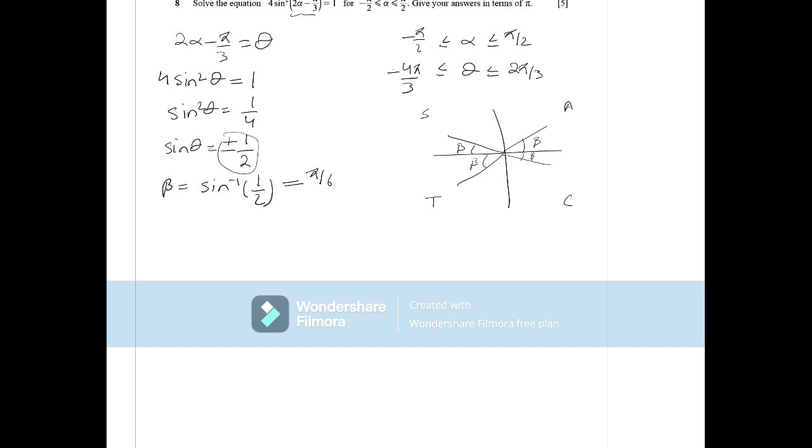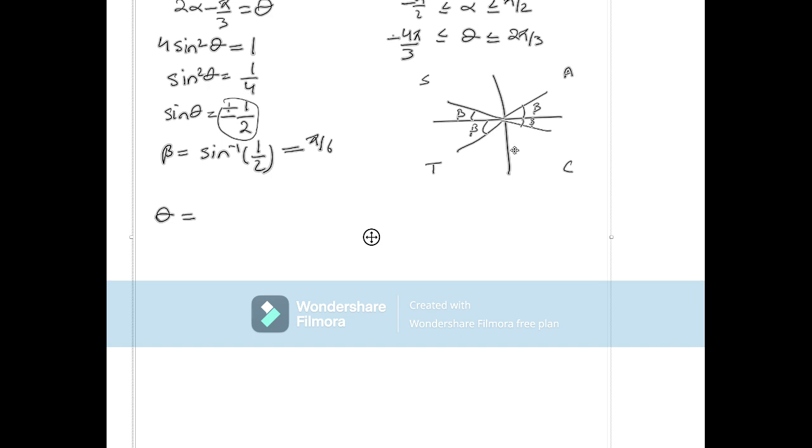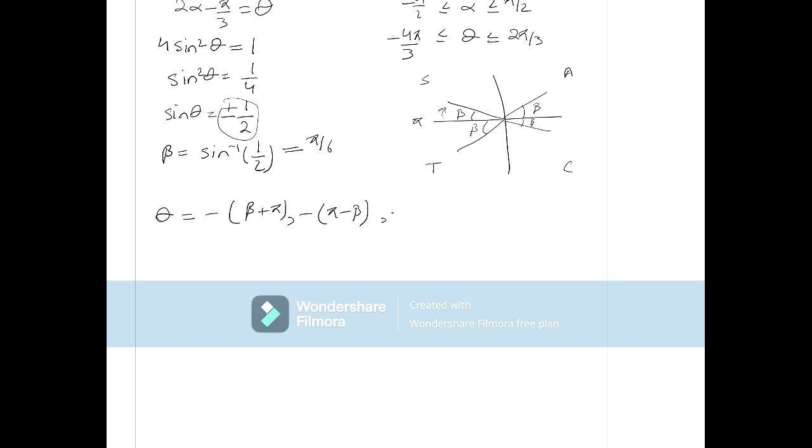So, okay, your theta would equal, starting from the very negative, the third quadrant, but going negatively, which is this one, pi plus beta, but negative. So negative pi minus beta, this one, then negative beta, and then beta, and then pi minus beta, but positive, and then pi plus beta.